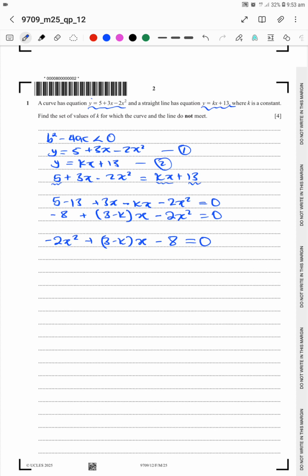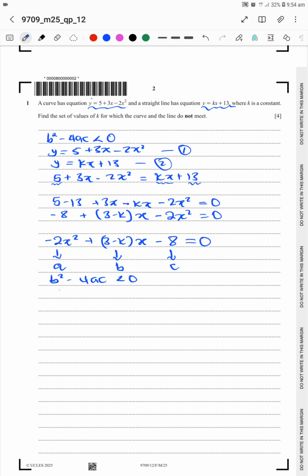Now from here we can see that our a is negative 2, our b is 3 minus k, and our c is negative 8. So substituting this into the discriminant, b squared minus 4ac is less than 0. So let's substitute a, b, and c.